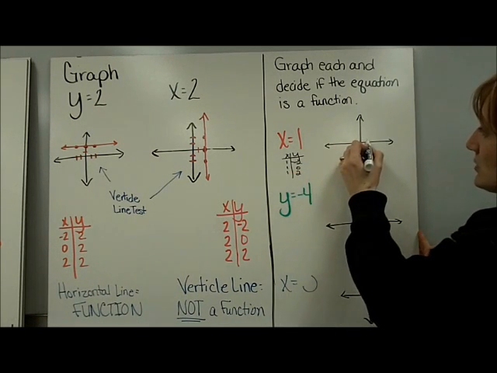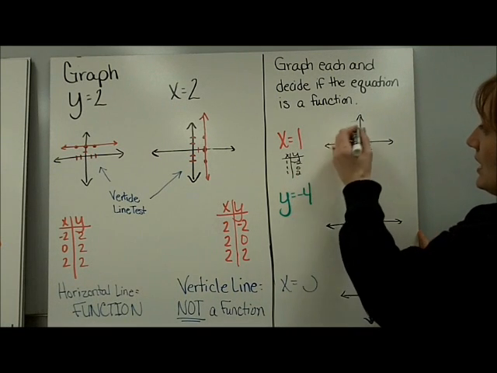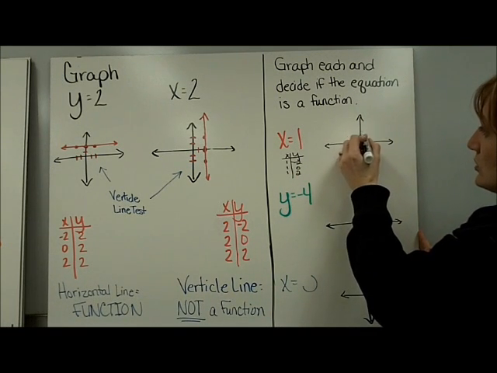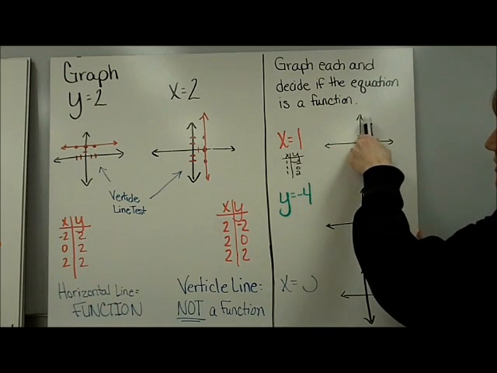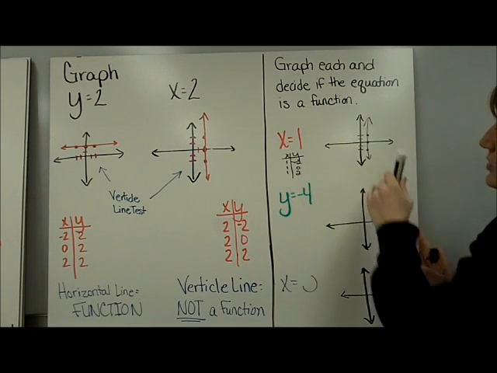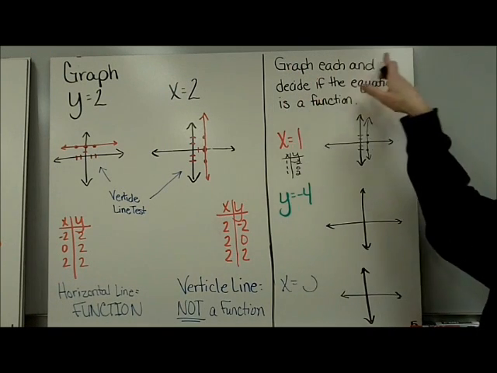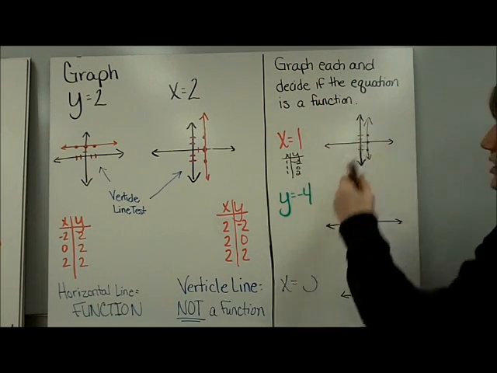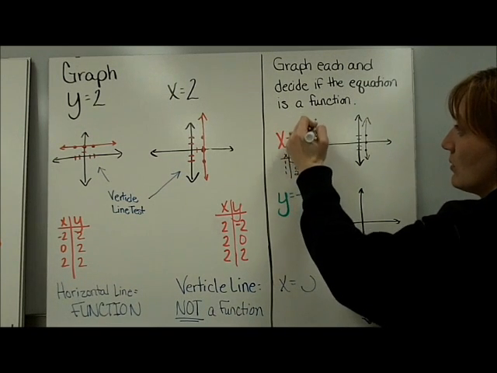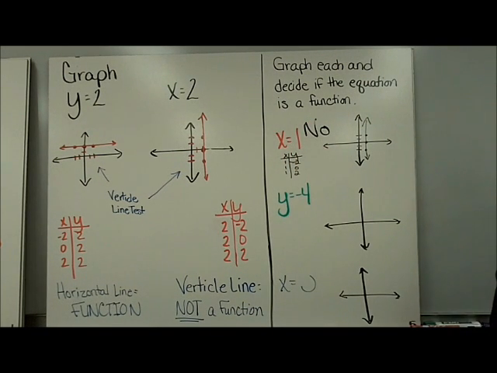At 0, x will still equal 1. And at 2, x will still equal 1. Does it pass the vertical line test? No, it does not. The question said graph each and decide if the equation is a function. It fails the vertical line test, so no, this is not a function.